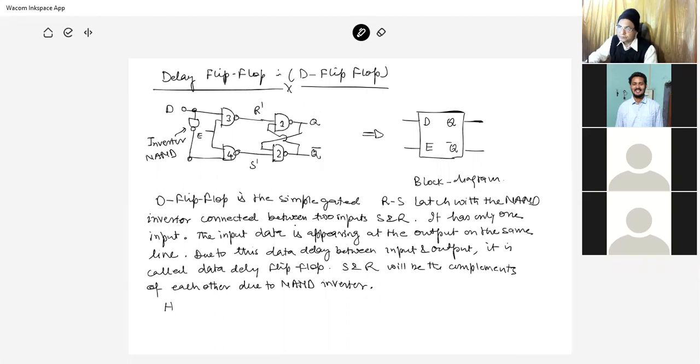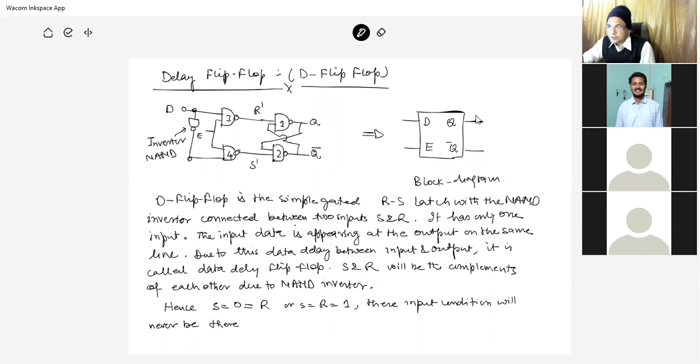Hence, S equal to R equal to 0 and S equal to R equal to 1 input conditions will never be there, because of the inverter NAND.